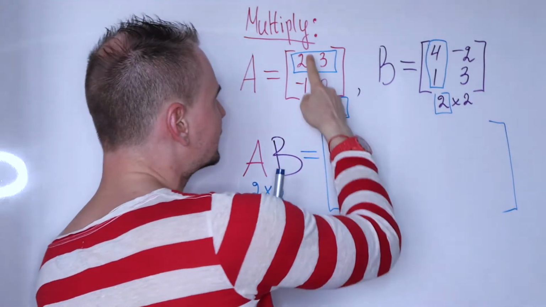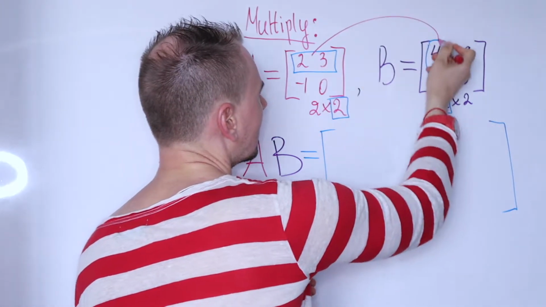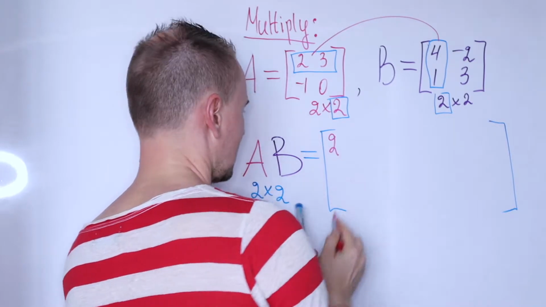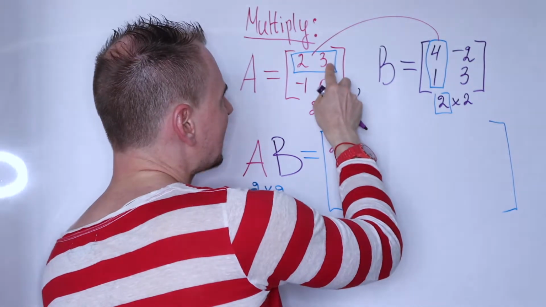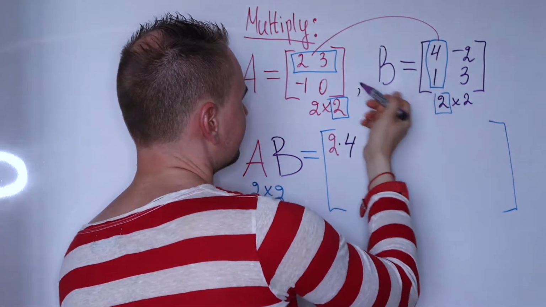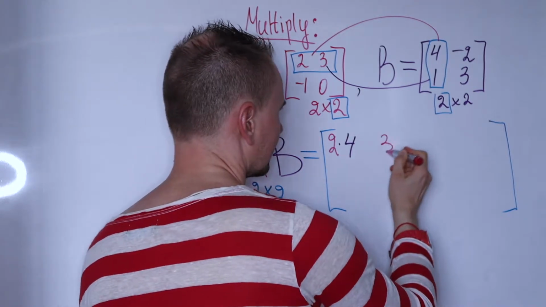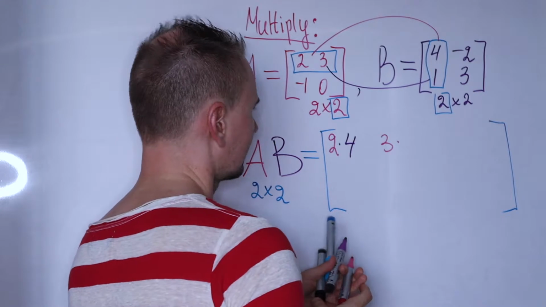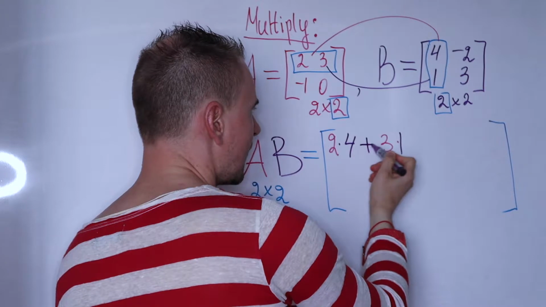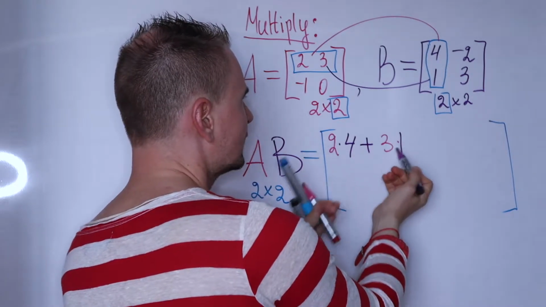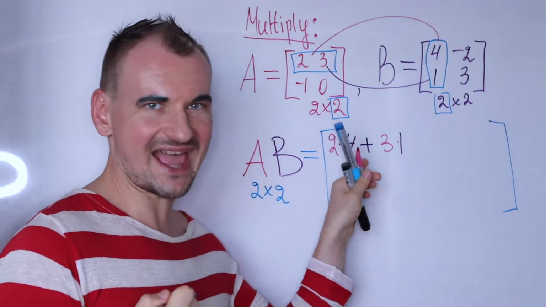So you multiply 2 by 4, and you multiply 3 by 1. And you want to add them together, you want to sum them up. So this is your element on the top left.